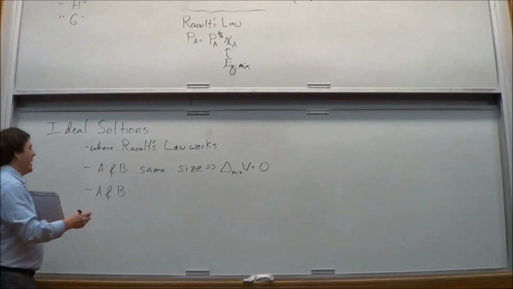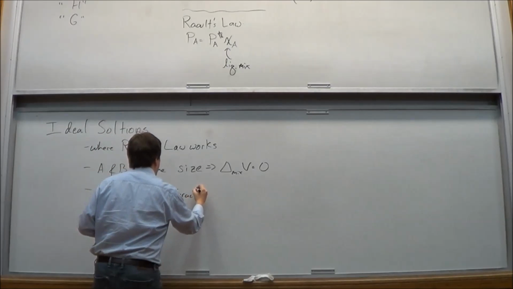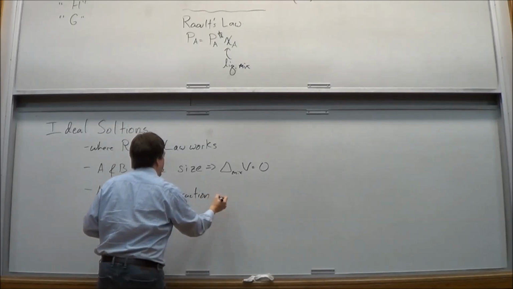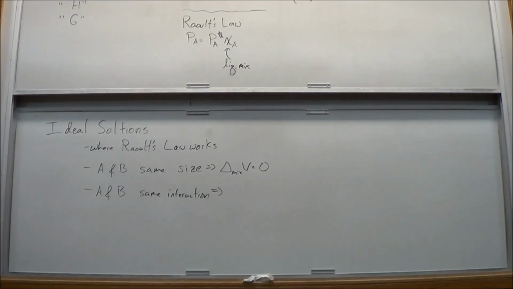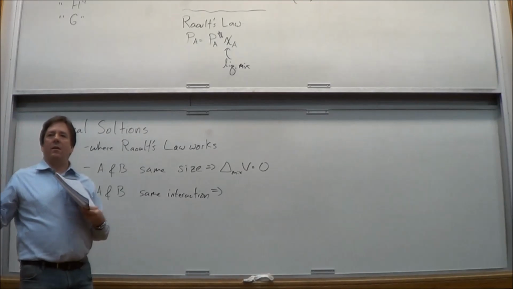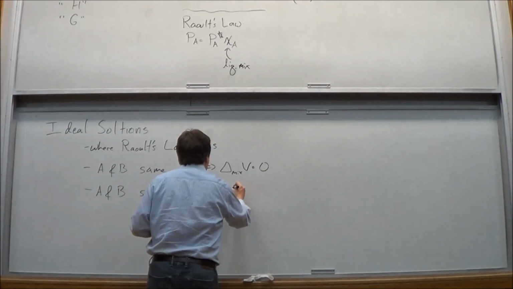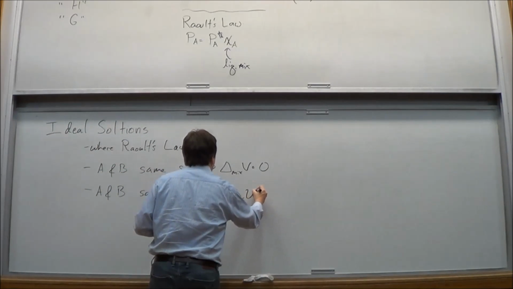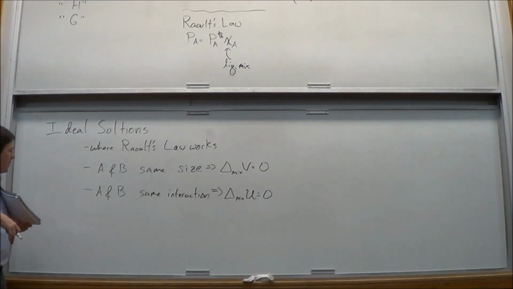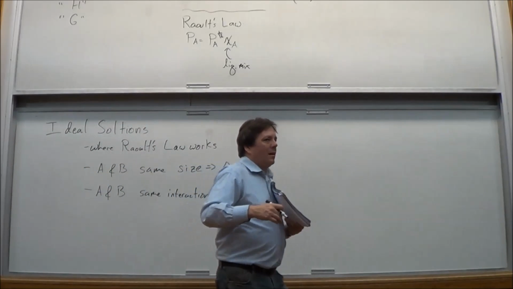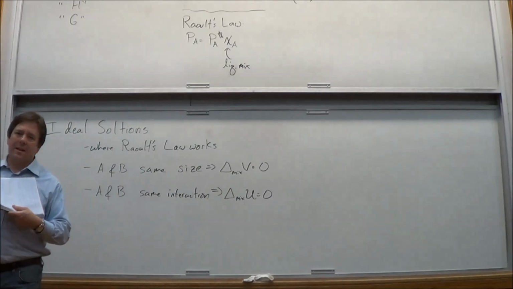So A and B have the same size, they have the same interaction. I like you this much, and the new person is your twin sister. I can't tell the difference. So in that case, the mixing change in internal energy would be 0. I'm forgetting units, but screw that. We aren't worrying about that right now. This and that means that, which forms an ideal solution. So don't forget that. That's not a big deal.